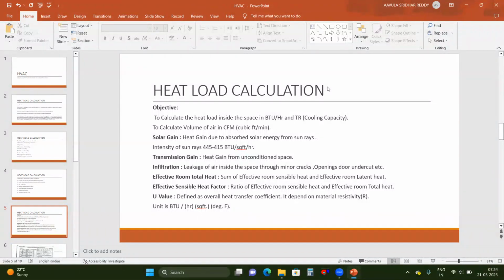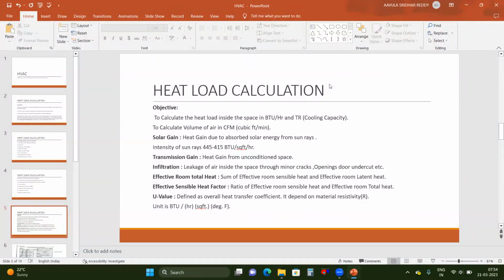All solar gains we will calculate for the room. Next one is transmission gain: heat gained from unconditioned space. If the room we are designing is connected with unconditioned space, unconditioned space is nothing but a non-air conditioned area.